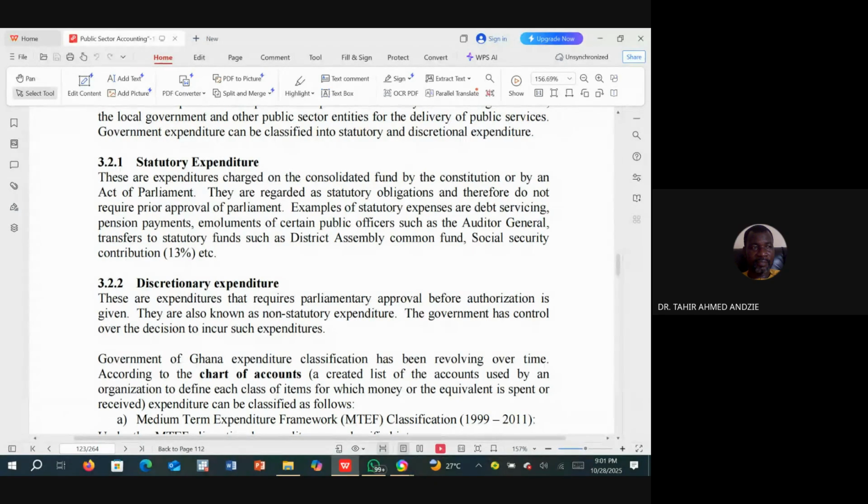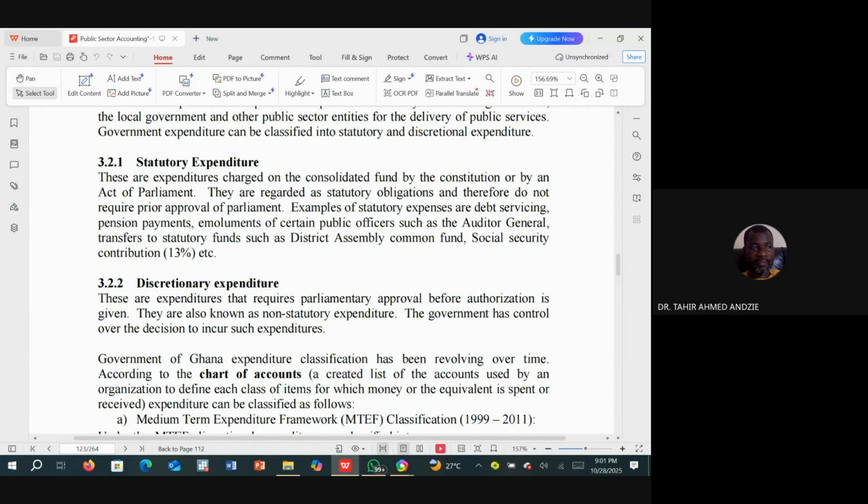They are charged by dollar equivalent, and so you pay them according to the dollar equivalent. You don't need to seek parliamentary approval for them. I hope you are with me. Hello. Yes, Doc. Yes, please.